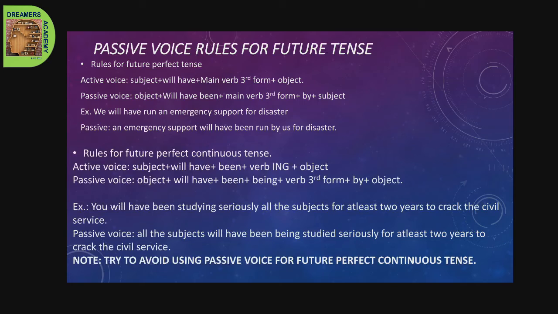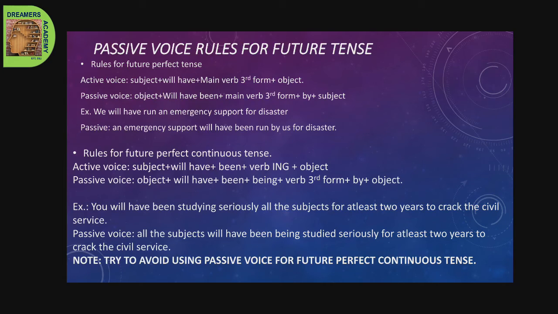Example: you will have been studying seriously all the subjects for at least 2 years to crack the civil service. Passive voice: all the subjects will have been being studied seriously for at least 2 years to crack the civil service exam. And there is also a note to try to avoid using the passive voice for future perfect continuous tense.